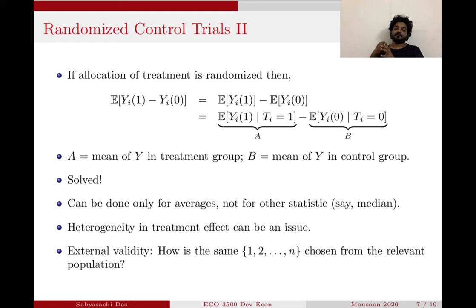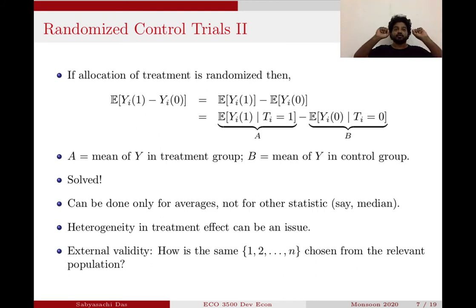In the banking example, it randomly opens bank accounts for some individuals in the village, and for the other individuals it doesn't. It's completely determined by the researcher who is studying this question. So that reduces self-selection, right? There is no point in villagers choosing themselves to be inside the treatment group or the control group.